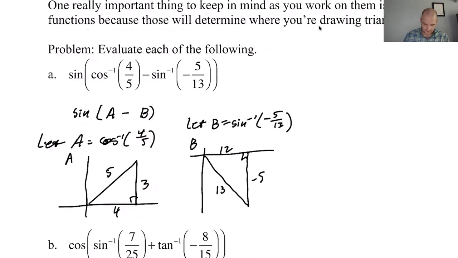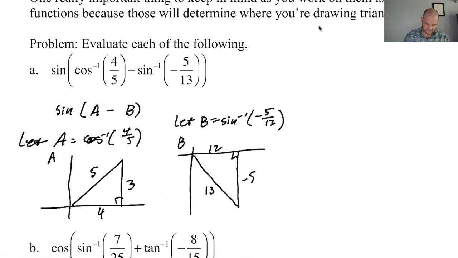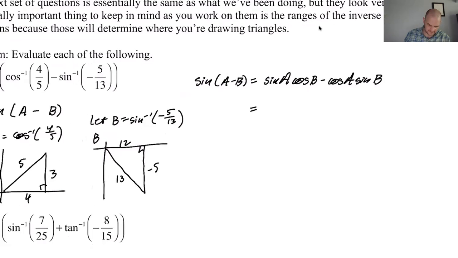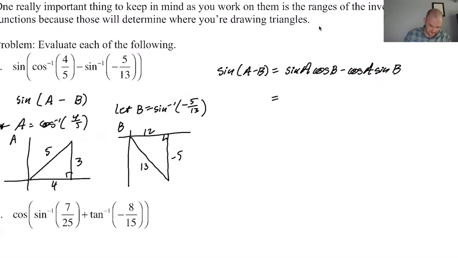So what we're trying to find is the sine of A minus B. So that'll be sine A cosine B minus cosine A sine B. All right, let's see if we can figure these out. So the sine of A is going to be 3/5.